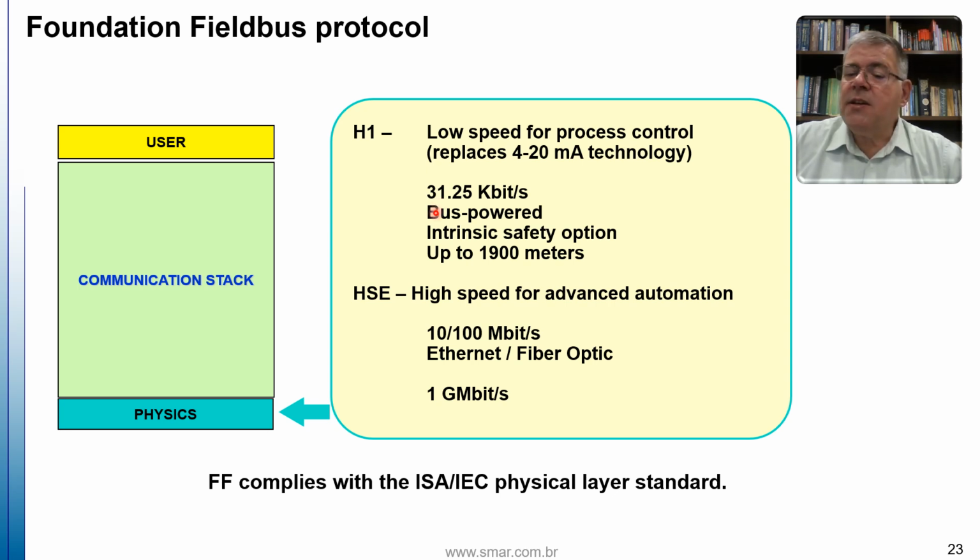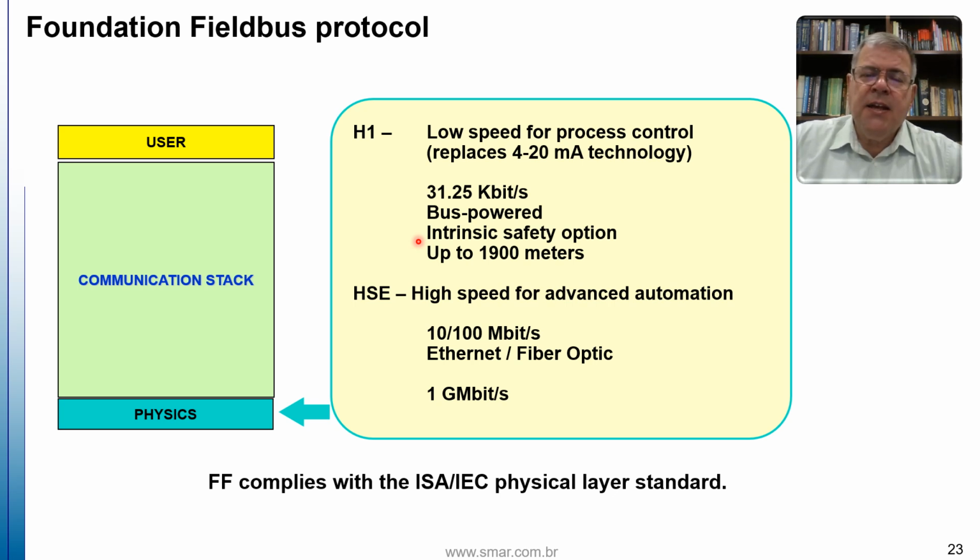There is an option for intrinsic safety and a distance of up to 1,900 meters without needing a repeater. Keep in mind that we can use repeaters. Adding a repeater extends the range by another 1,900 meters. We have the option of incorporating up to 4 repeaters into a Foundation Fieldbus network.